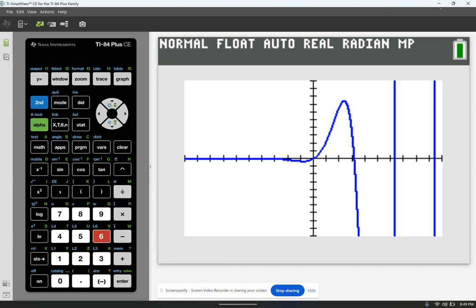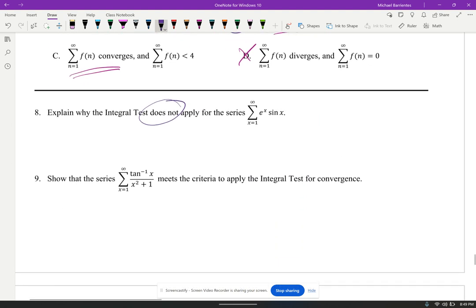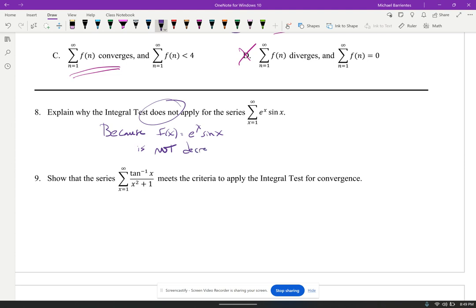So the moral of the story is this is not an applicable series with an applicable function. And I can say because f of x equals e to the x sine x is not decreasing and is not positive on the interval from 1 to infinity.